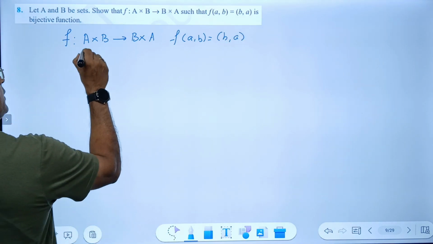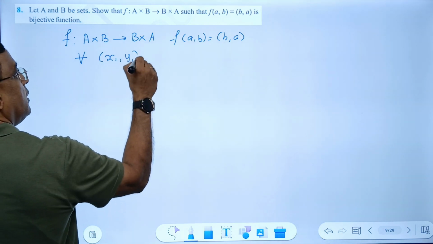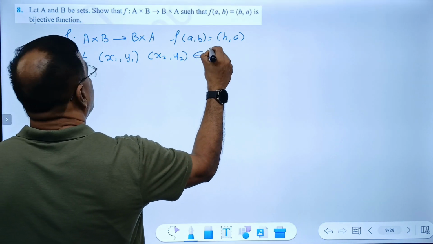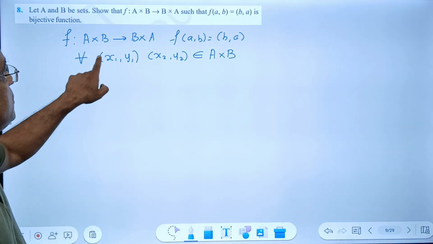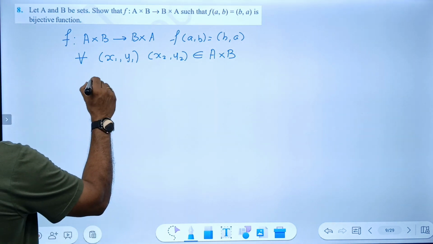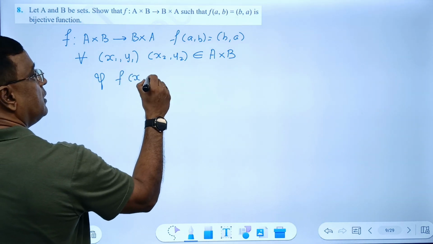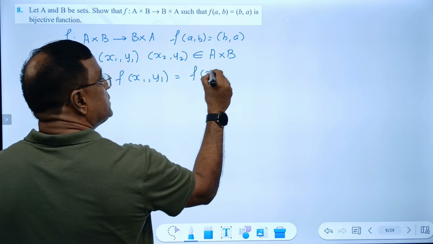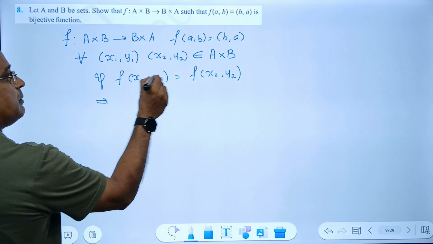So for every (x1, y1) and (x2, y2) belonging to A cross B, I am taking 2 points. If f of (x1, y1) is equal to f of (x2, y2), what is the definition of f of (x1, y1)?